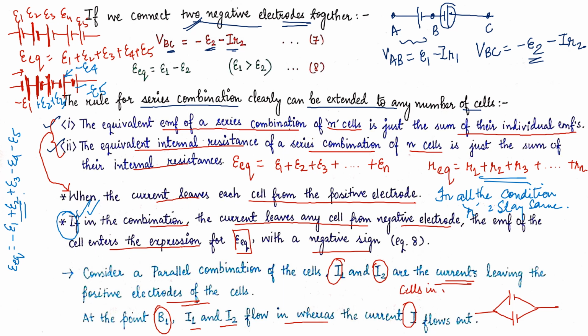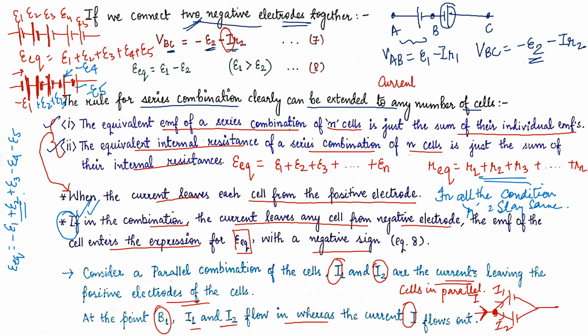Now in parallel combination there is a difference in the current, from Kirchhoff's rule. In the next lecture we will study Kirchhoff's rules, and according to Kirchhoff's rule at a junction the current is divided. The sum of currents flowing in should equal the sum flowing out. So in this case this current I will be divided into I1 and I2 at the junction. But see, in series we have seen the current stays the same.